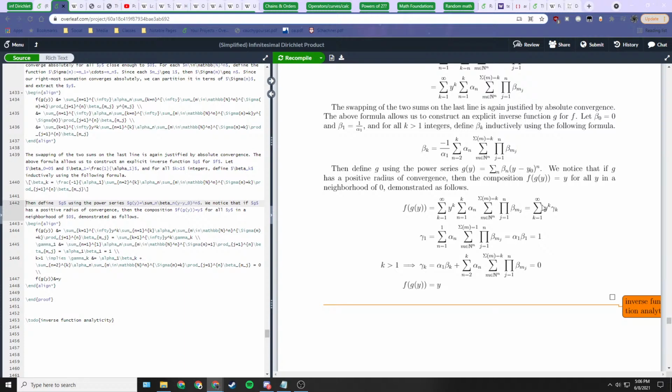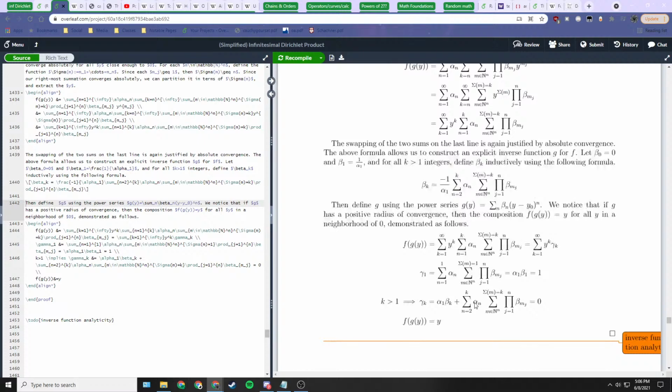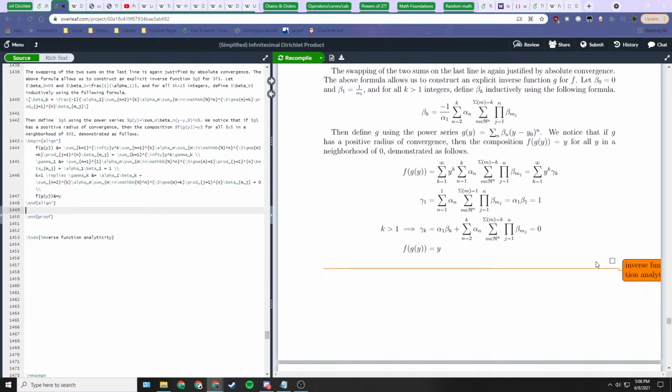So if g has a positive radius of convergence, then this will be true. In order to prove that it has a positive radius of convergence, now we have to prove that. So then we can say, moreover, since f prime at 0 and g prime at 0 are in A star, then they are both locally injective.